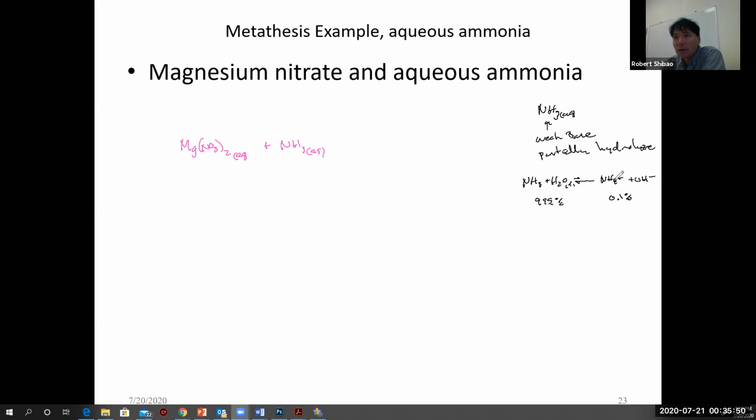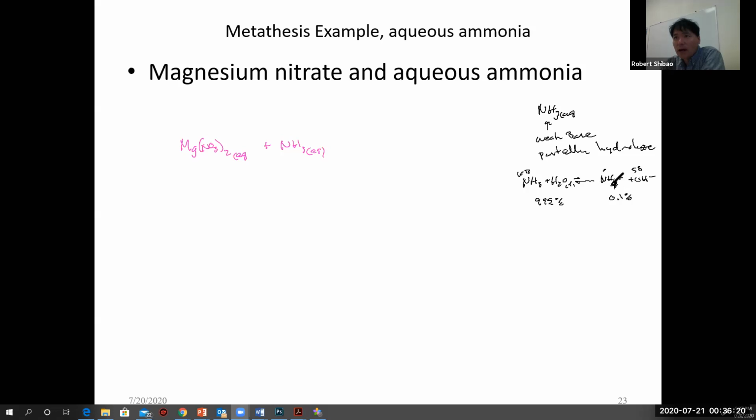Hydroxide is a strong base. Ammonia is a weak base. And so we're going from a weak base to a stronger base. That's not favorable. And therefore, this reaction is favored in the reverse direction. But in kinetic molecular theory, there are always collisions. And once in a while, the collisions will end up forming these higher energy products. Now, this 0.1% is pretty static. It stays like that because the collisions never stop.